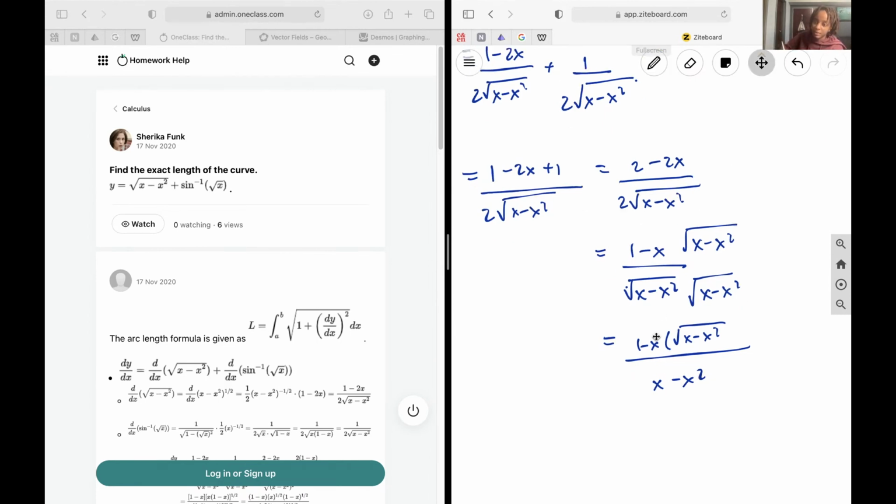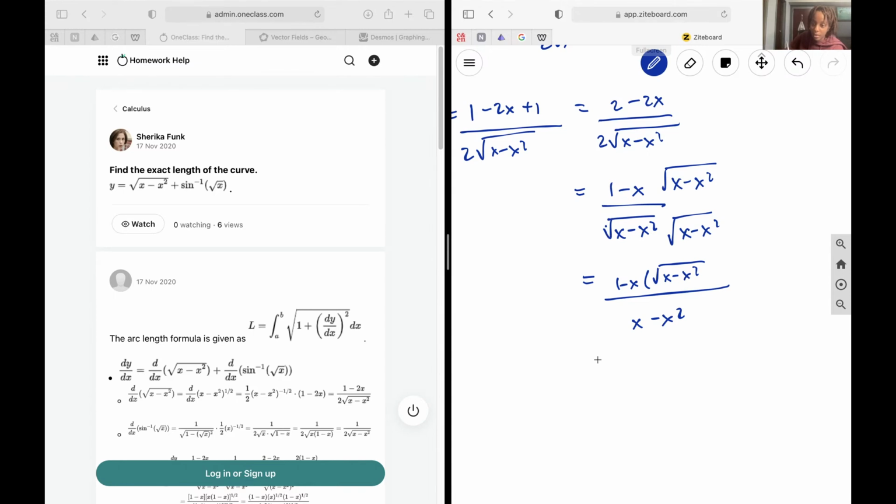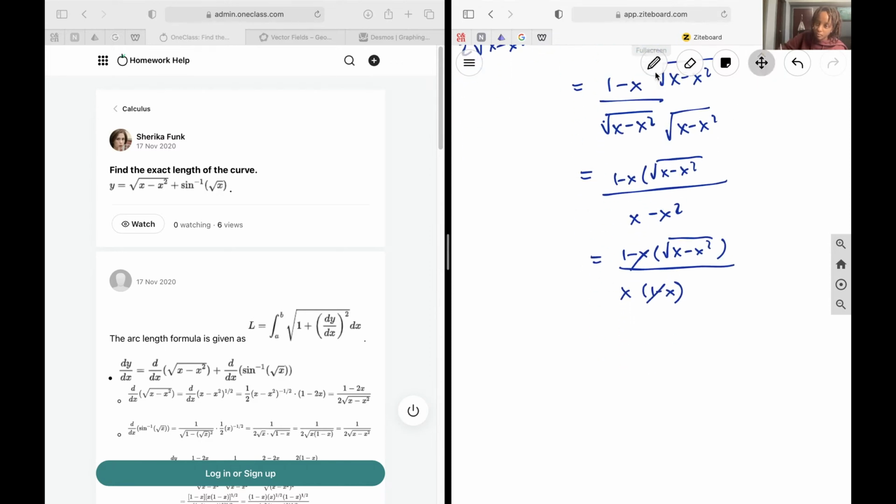And then now to simplify this further, I'll note the common factor here is x. So 1 minus x into root x minus x squared over x into 1 minus x. These two can cancel. And that will leave me with root x minus x squared over x.